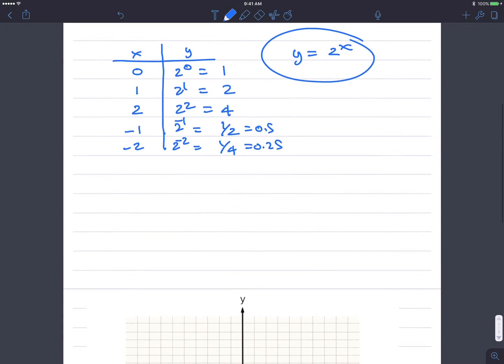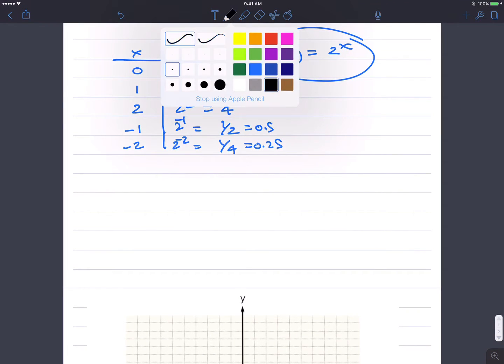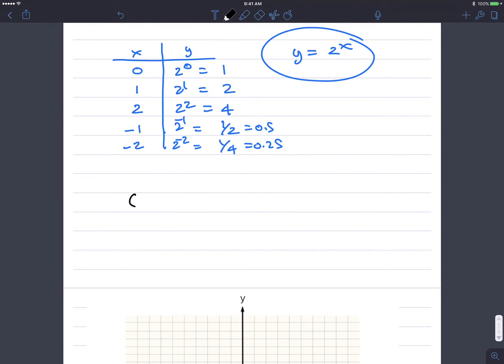You got these points? Here's the points we're going to plot. 0, 1, 1, 2, 2, 4, -1, 0.5, -2, 0.25.